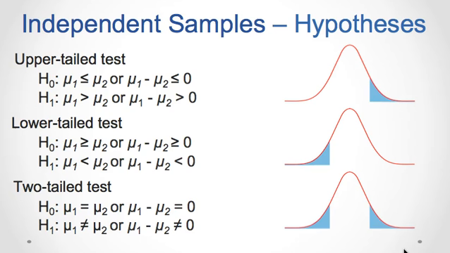For two-tailed test, the null states population mean 1 is equal to population mean 2, or it states population mean 1 minus population mean 2 is equal to 0. Both of these are the same. They are just stated differently.